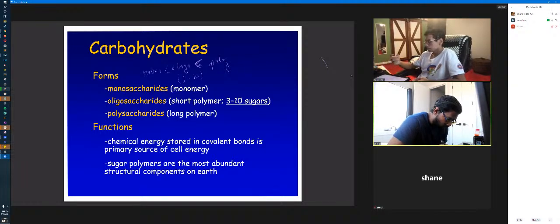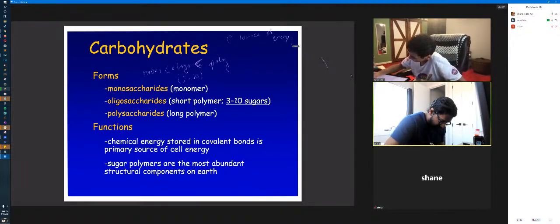So whatever you have for carbohydrates, just write primary source of energy and most abundant.